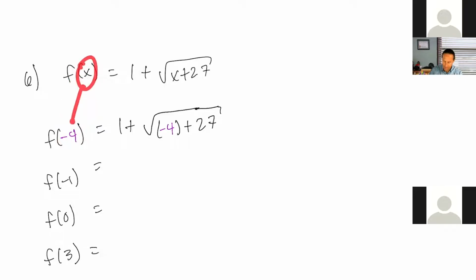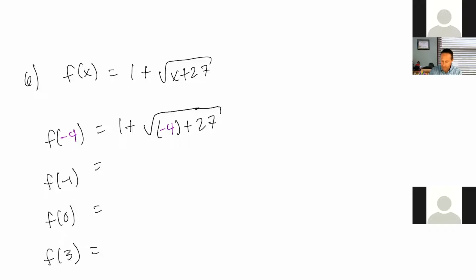This one, they told us to replace the x with a -4. And since this is not the only place where we see an x, we replace the x with -4 everywhere. Does that make sense? Yeah, it does. Okay. Well, I mean, I understand it now, so I should be able to solve it. Perfect.